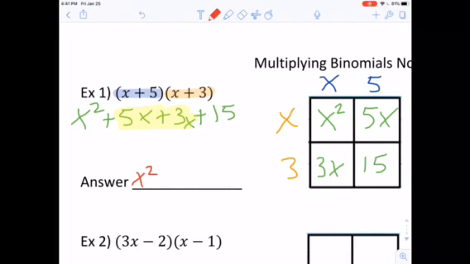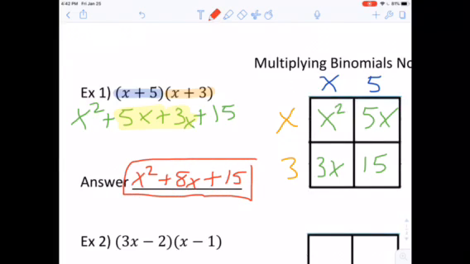Now the combination of 5x and 3x is going to be positive 8x, sorry, 8x. And just write down the 15. This is my answer of the multiplication of those two binomials.